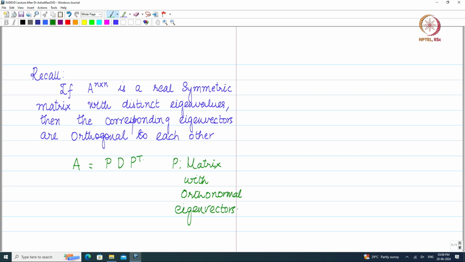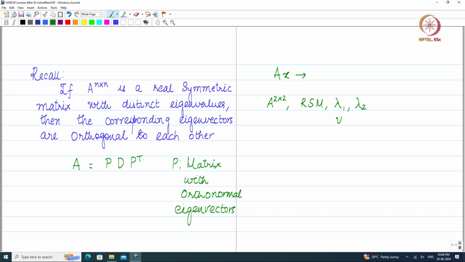And we also looked at the action of the matrix A on x. We took a simple example of A as a 2 by 2 real symmetric matrix with distinct eigenvalues, lambda 1 and lambda 2.